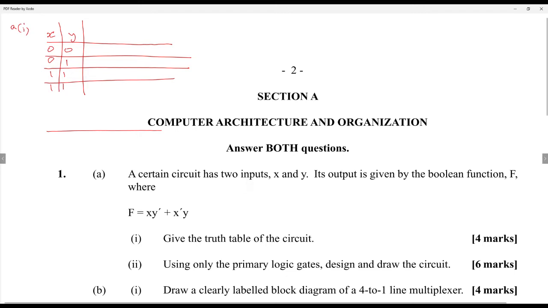So I'll put not y, which will be 1 0 1 0, and then we'll do the not x, which will be 1 1 0 0, and then we have to do the x not y.